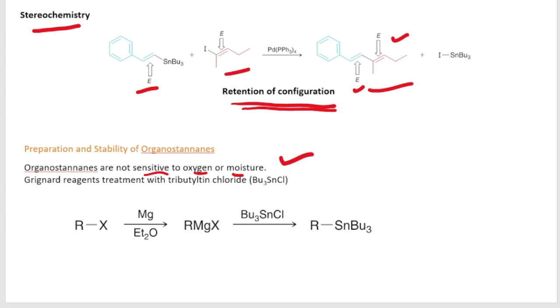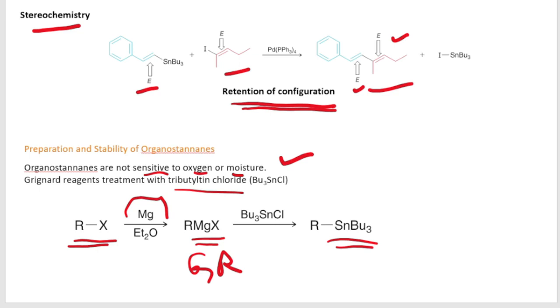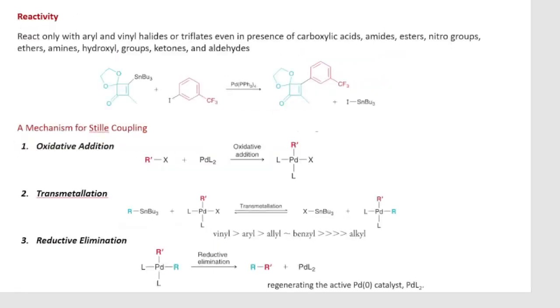But organostannane compounds are more stable than Grignard reagents. And how do you make an organostannane compound? First you have to make the Grignard reagent by treating an organohalide with magnesium. It will give you the Grignard reagent, and then treat it with tributyltin chloride. You will get your organostannane compounds.